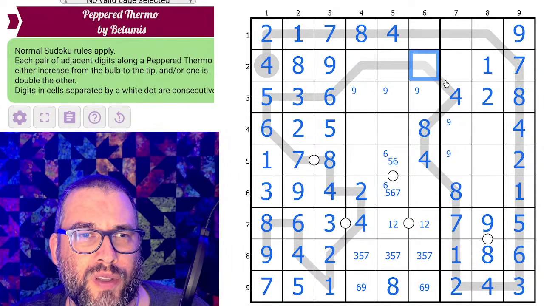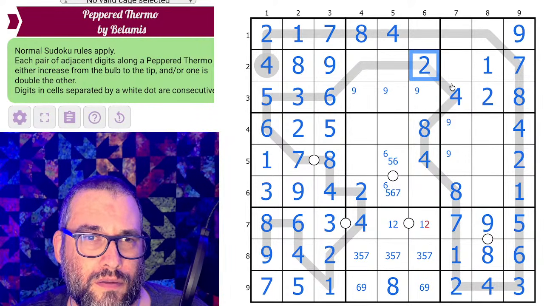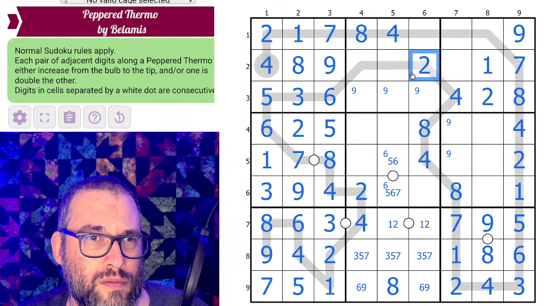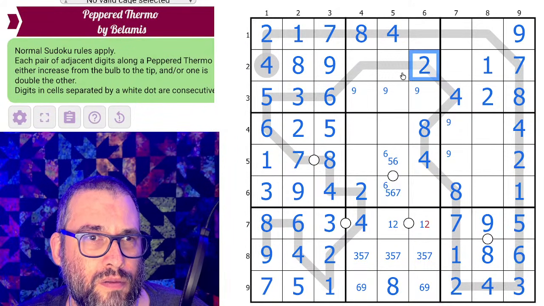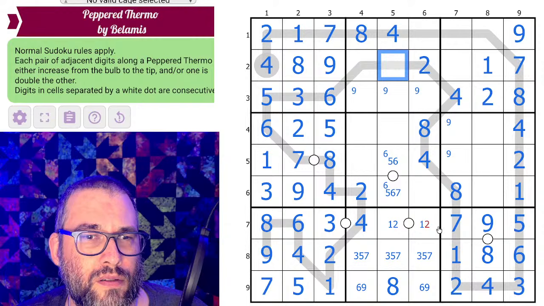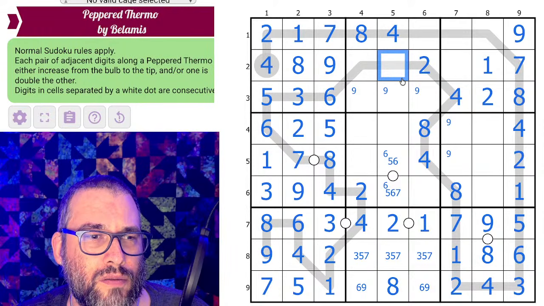But now 2 in the row just has to go here. And I think these just have to be 3, 5 in order. I broke it?